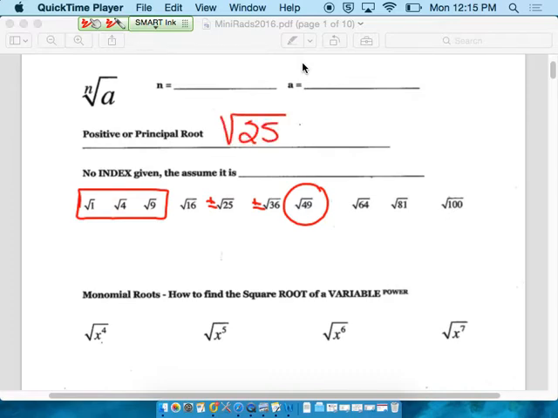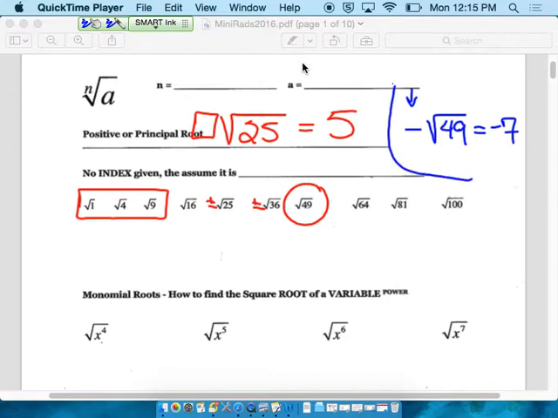So if your problem is to simplify or find the square root of 25 and you have nothing indicated in front, it's assumed that you're only looking for the positive or principal root, as opposed to if you had a problem like this with a negative sign in front, then your answer would be -7, simply because you take the square root of 49, but the symbol out here is telling you to give me the opposite. But if nothing is indicated, then you just give the positive root.